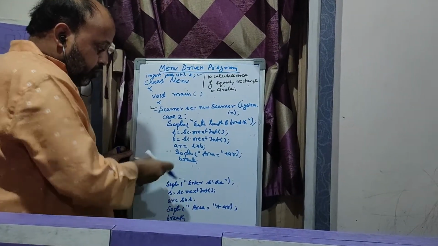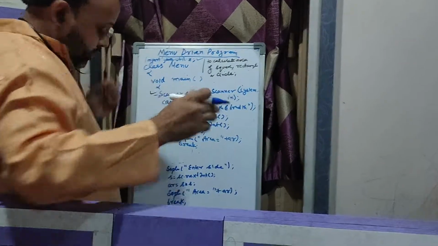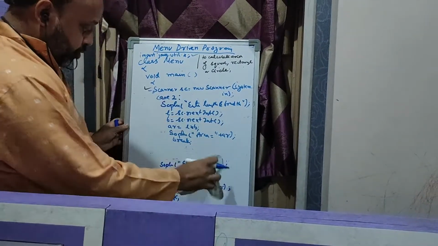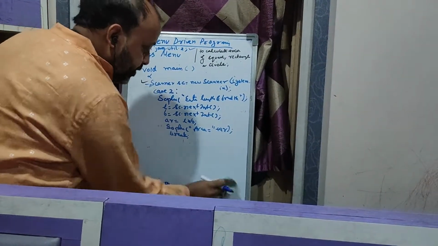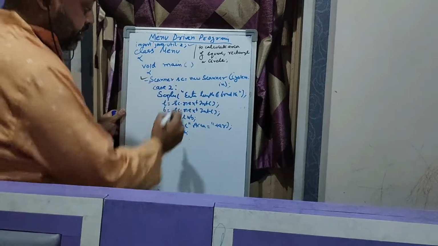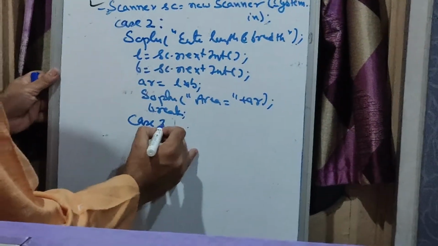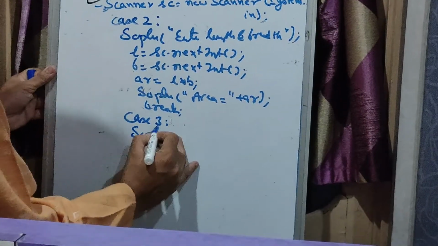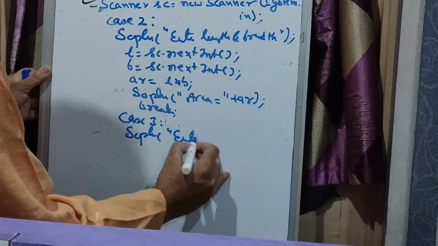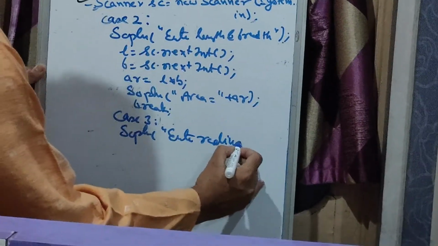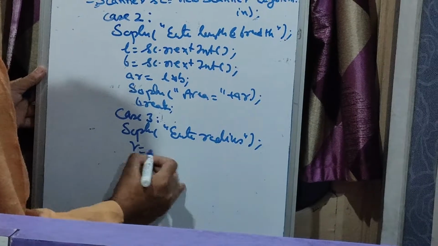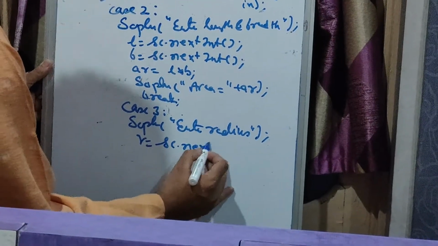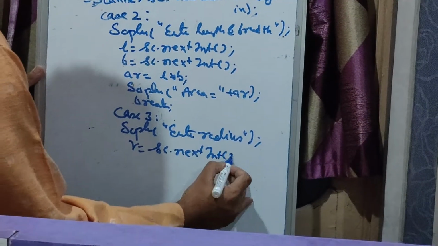Now after this we will be doing case 3. In case 3, what I have to calculate is area of the circle. So again case 3, again I have to take an input, enter radius. This part is clear.